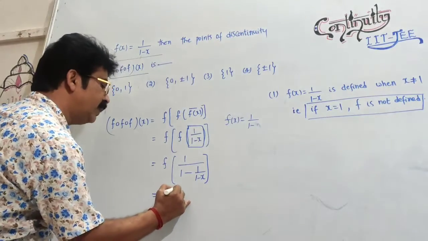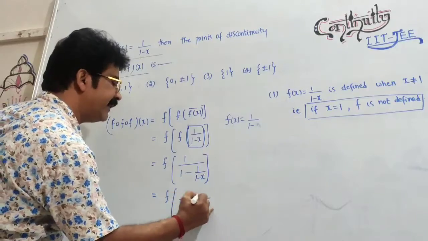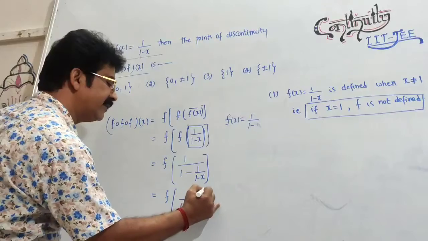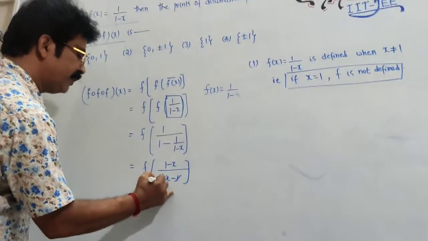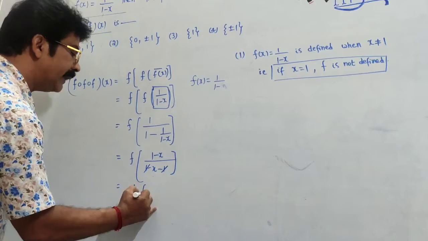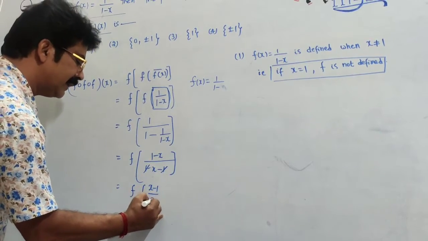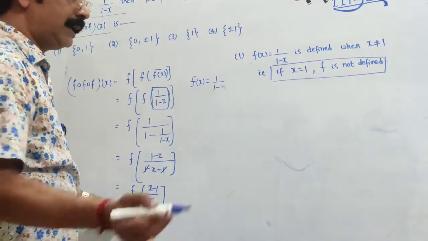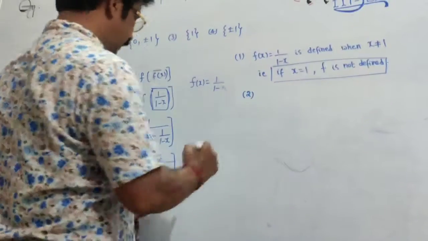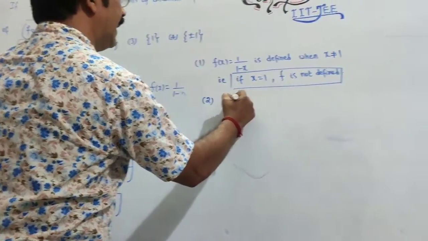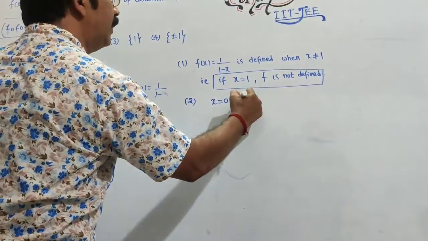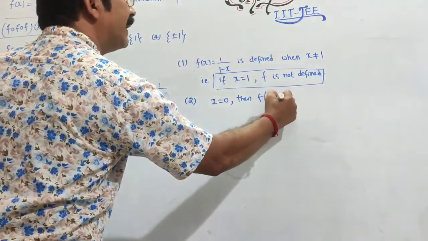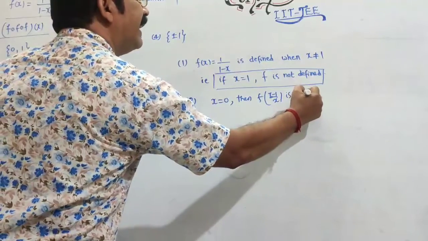So that is equal to, simplification, 1 divided by, numerator 1 minus x minus 1, so minus 1 plus 1 cancel, that is equal to f of f of x equal to minus 1 by x... In the denominator x is there, therefore add another point, x equal to 0, then f of f of x, minus 1 by x, is not defined.